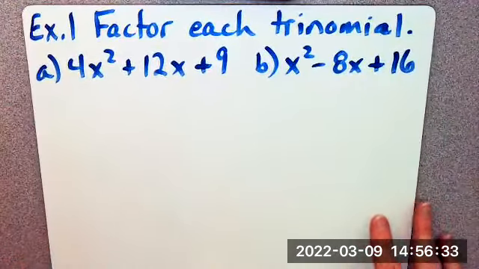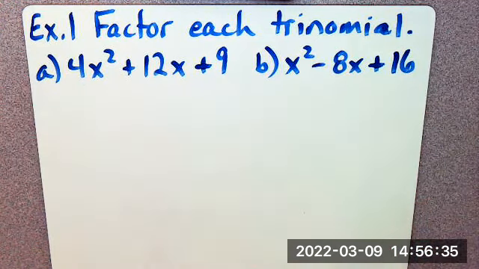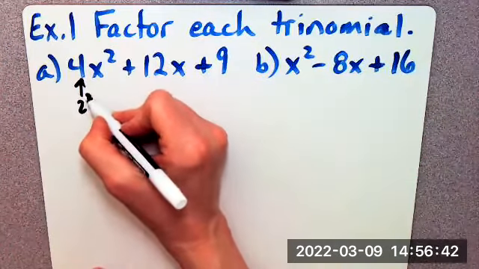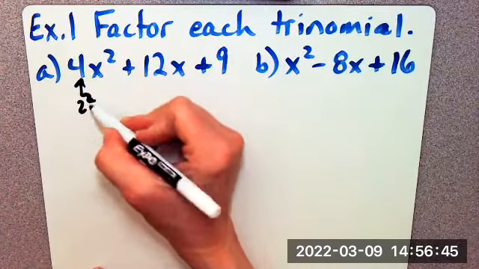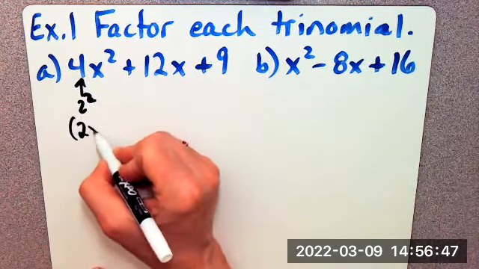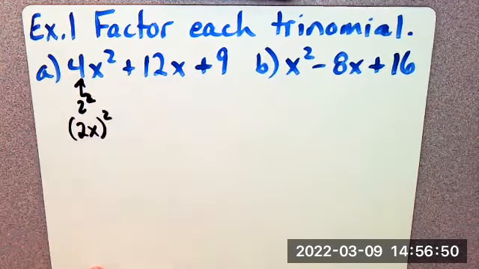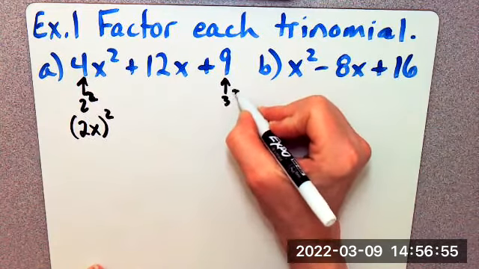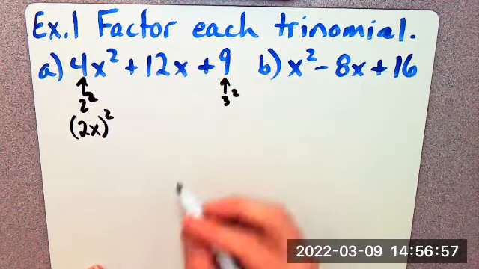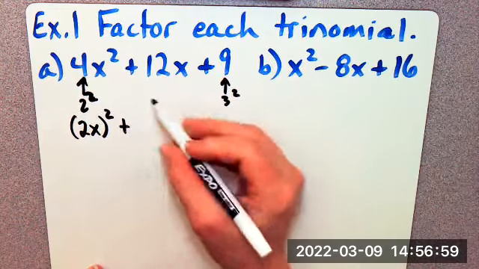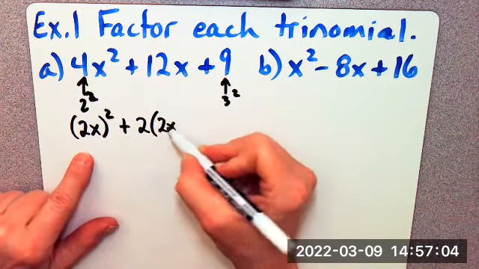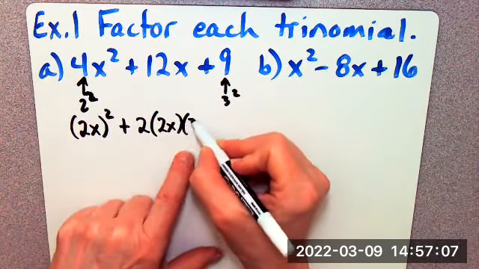All right, so let's factor each of these trinomials using our special cases. So we notice that this is 2x squared, and we note that this is 3 squared. So we can write plus 2 times 2x times the 3.